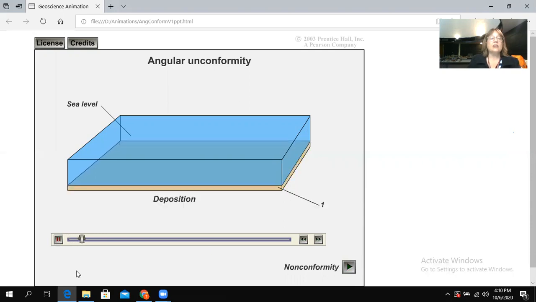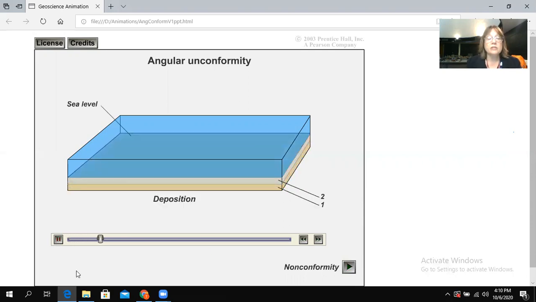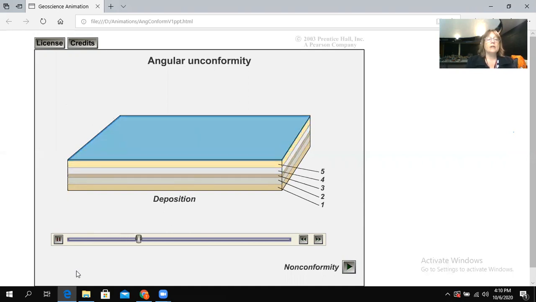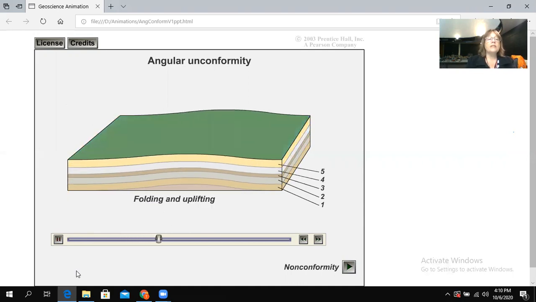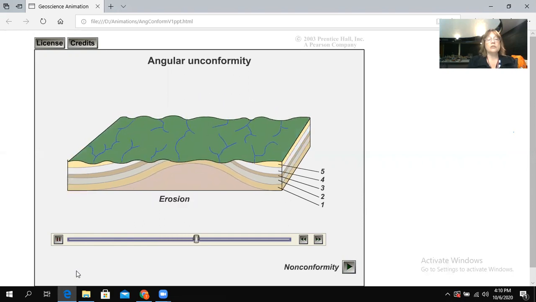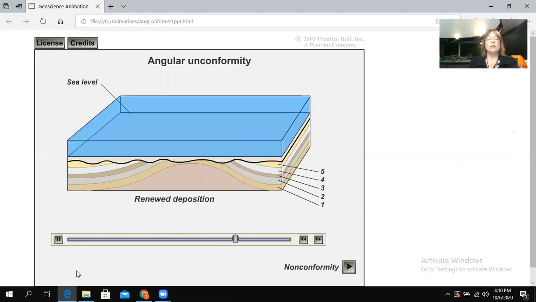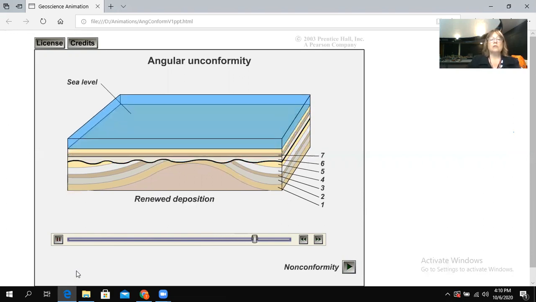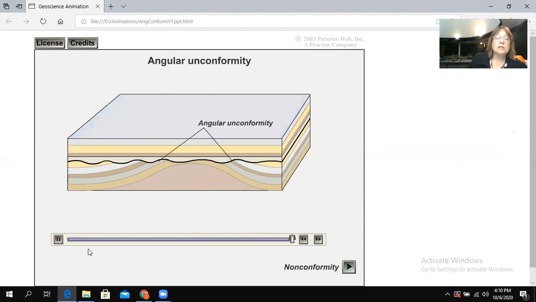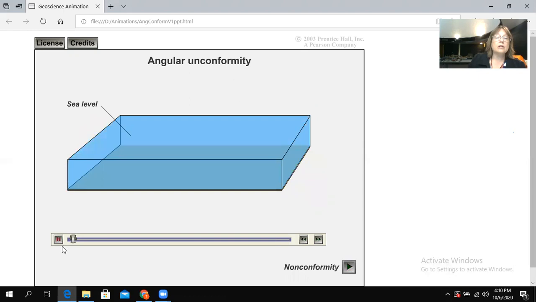In the angular unconformity, we have deposition that forms sedimentary layers in an ocean environment, and then there is uplift. So there's compressional forces on both right and left, which causes it to fold. I'm going to run this again because my explanation took longer than it did to run this.